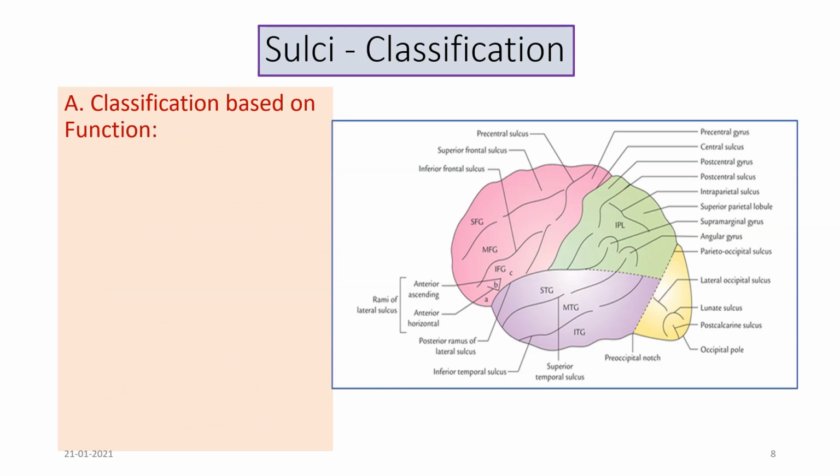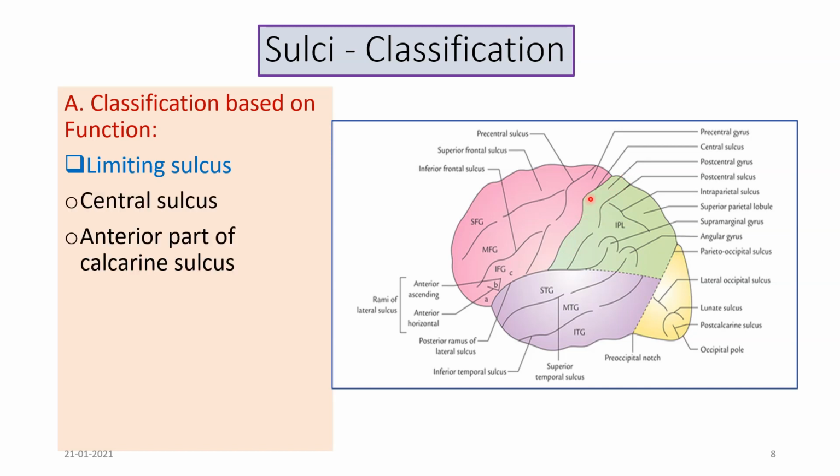Now let us see some of the sulci on the superolateral surface of the cerebral hemisphere. So here you can see the central sulcus, which is an example for limiting sulcus, separating the precentral gyrus, which is motor, from the postcentral gyrus, which is sensory in function. So this is the central sulcus.